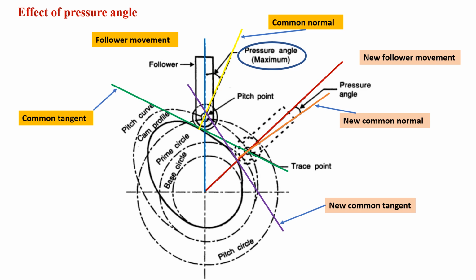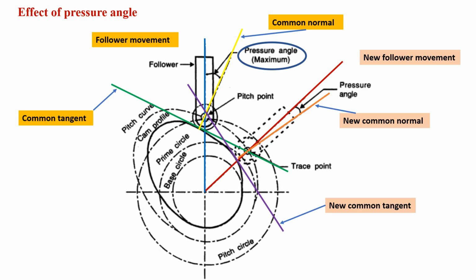Another line, a new common normal, represented by a slight brown line, is perpendicular to this new common tangent. The line of movement of the follower is represented by the red line. So the angle between this common normal and the line of movement of the follower is the new value of the pressure angle. You would clearly notice that the pressure angle has slightly reduced.